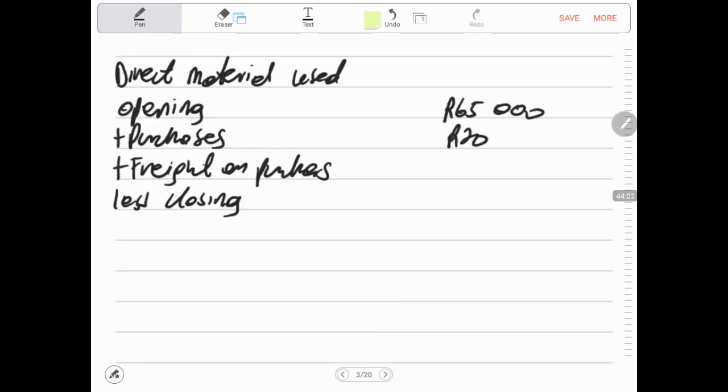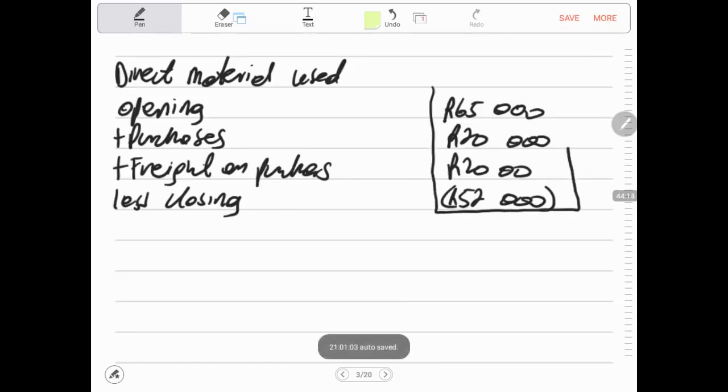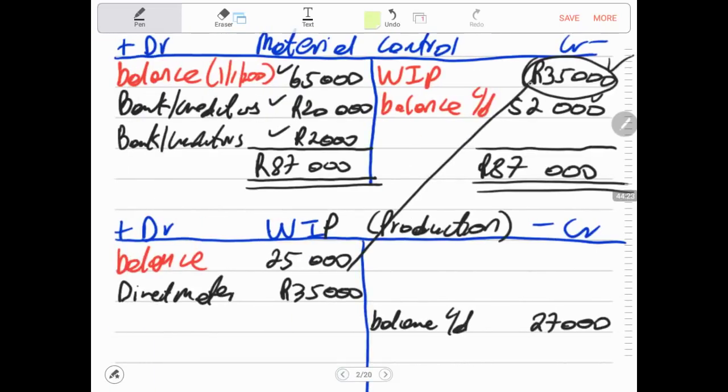Our purchases are 20,000. Our freight on purchases are 2,000. And our closing is 52,000 in terms of rands. If we deduct the closing from all this, this will give us the same 35,000 of the material used.